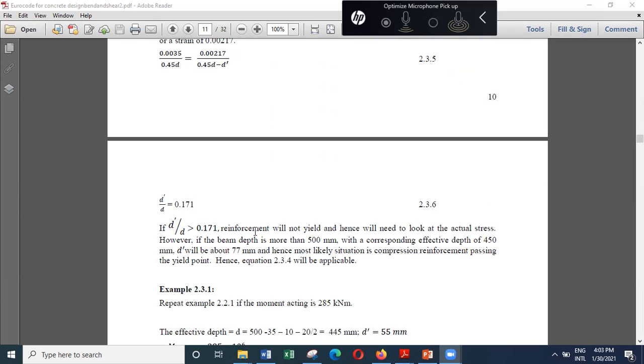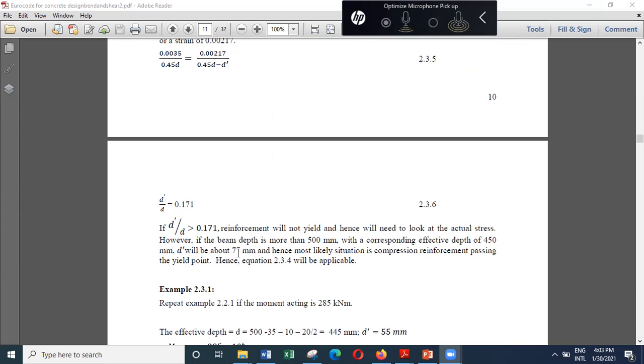And if the beam is carrying heavy loads, it's unlikely to be very shallow. If you have at least 500 millimeter depth, then this equation gives 0.171 multiplied by, say, effective depth of 450 gives an answer of about 77 millimeters.